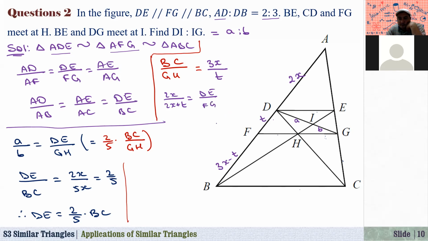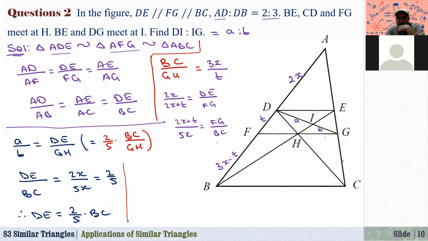And 2x plus T over 5x equals FG over BC.